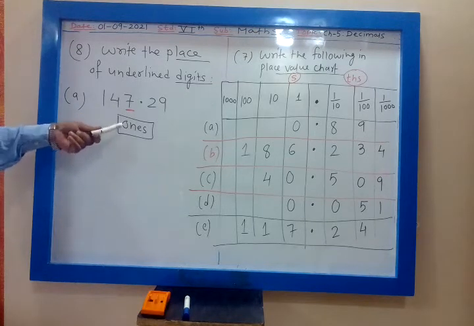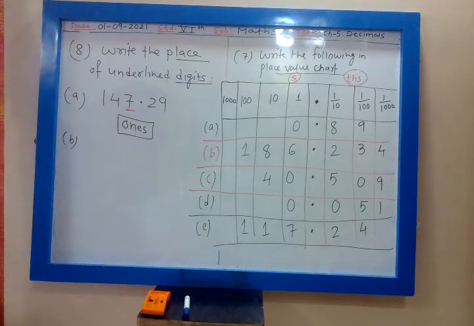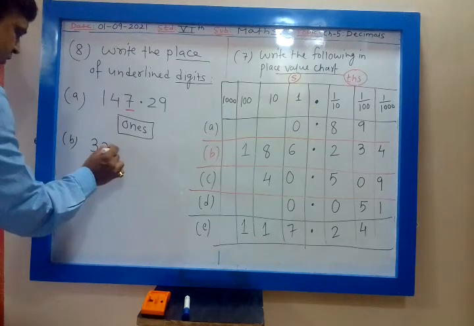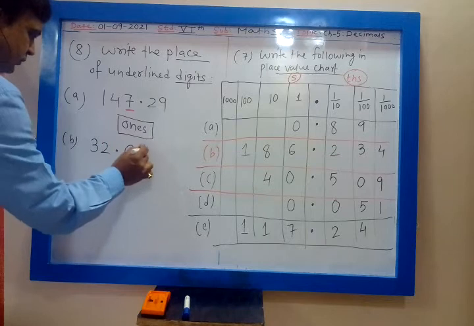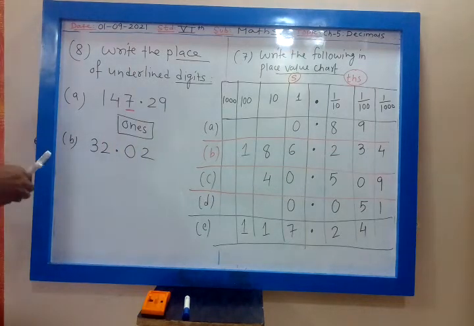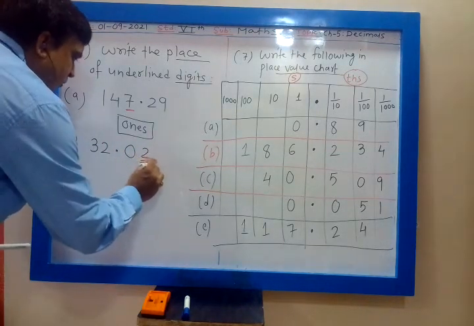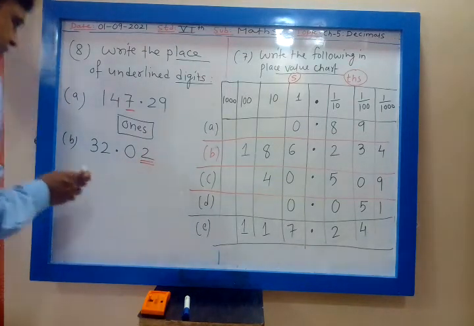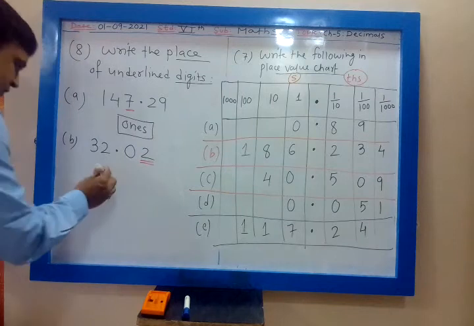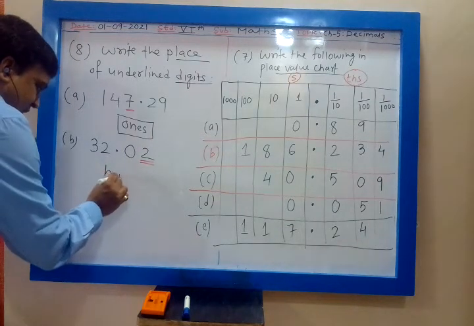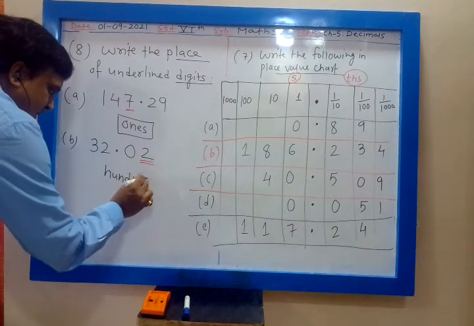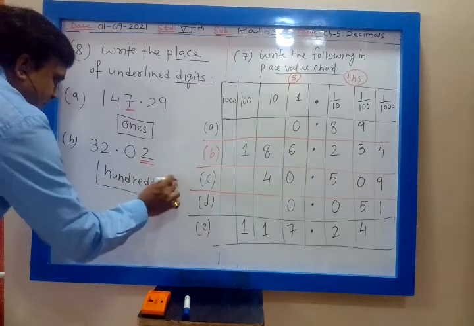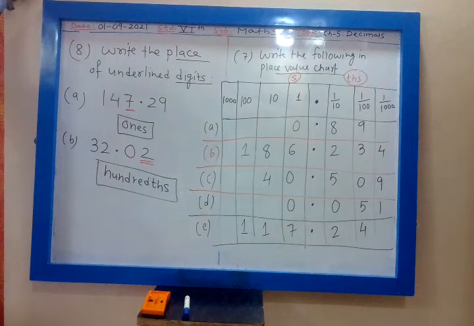Then 32.02, and the underlined digit is 2. What is the place of 2? Hundredths. So we write hundredths, THS.